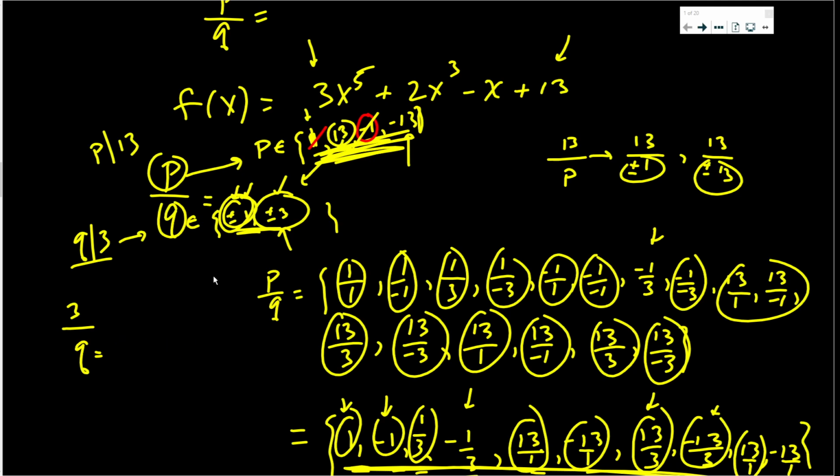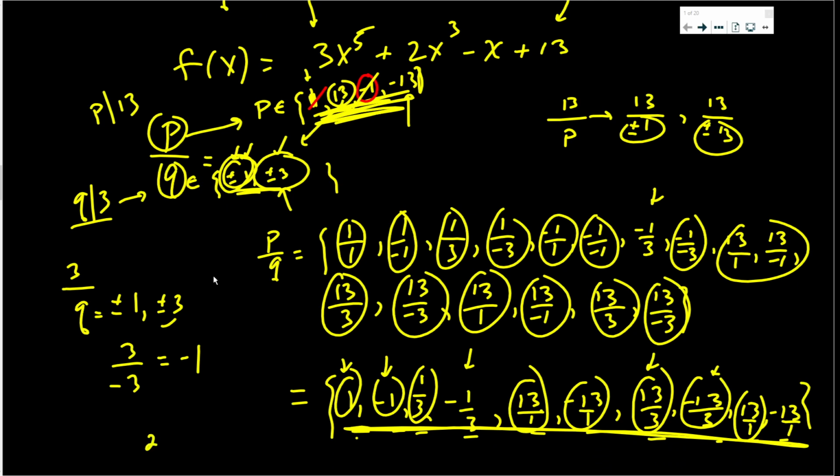So the only values that Q can be are plus minus 1, plus minus 3. I mean, take any one of these four. Negative 3, yes, negative 3 goes into 3 evenly. Negative 1 time. Just for the record, 2 goes into 3 1.5 times. No, you can't have fractions. You can't have decimals. So this would be no good.